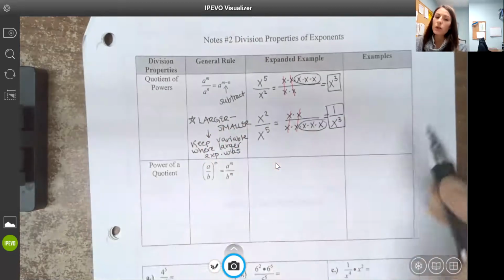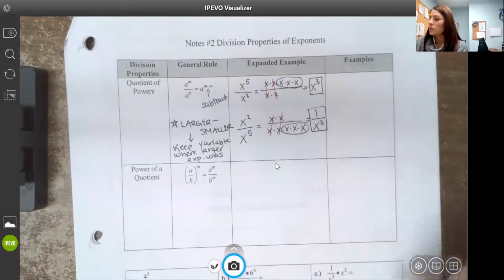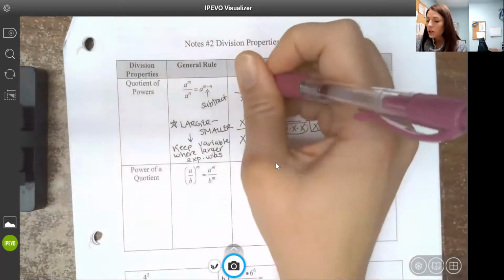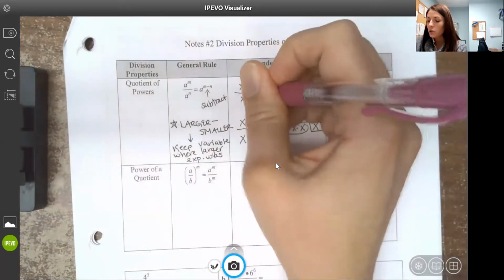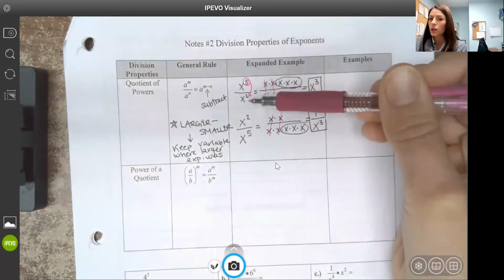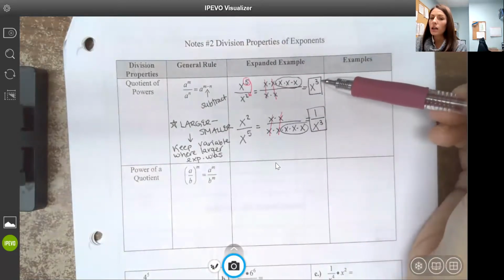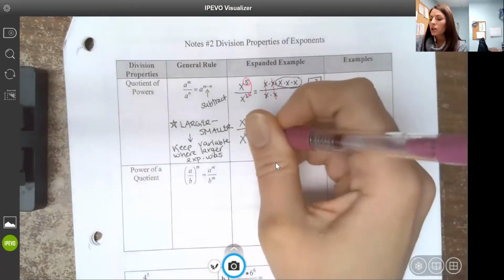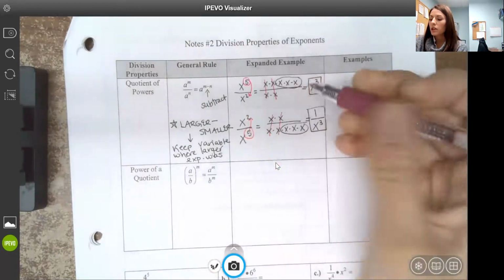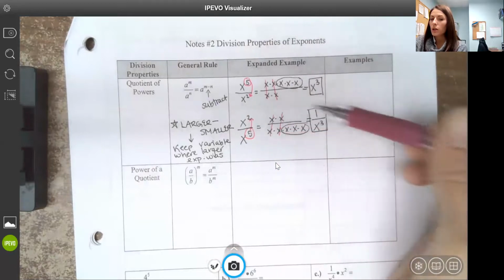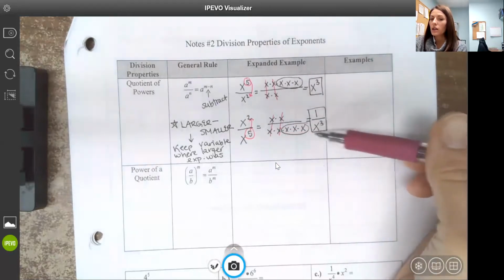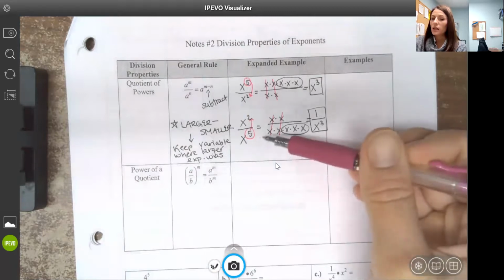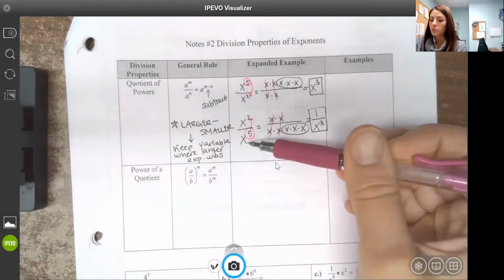This allows us to avoid running into negatives. Here, my larger exponent was in the numerator, and I did 5 subtract 2, which gave me 3 in the numerator. Or in my second example, my larger exponent is in the denominator, and I still do 5 subtract 2, but those 3 factors of x live in the denominator because that's where my larger exponent was.